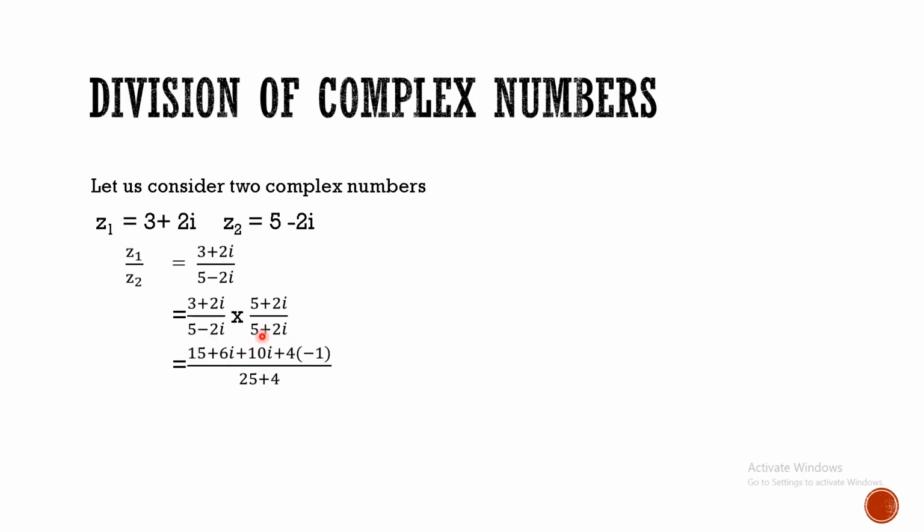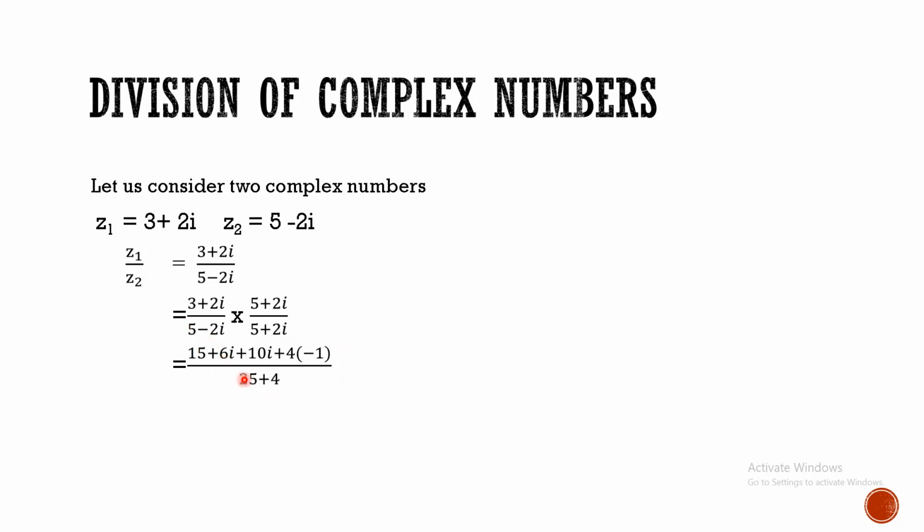Coming to the denominator, this 5 minus 2i is a complex number. If you see this, 5 plus 2i is its conjugate. So there is no need of doing multiplication as for the numerators. Simply you can follow the formula z into z bar, that is multiplying a complex number with its conjugate will be equal to real part square plus imaginary part square.